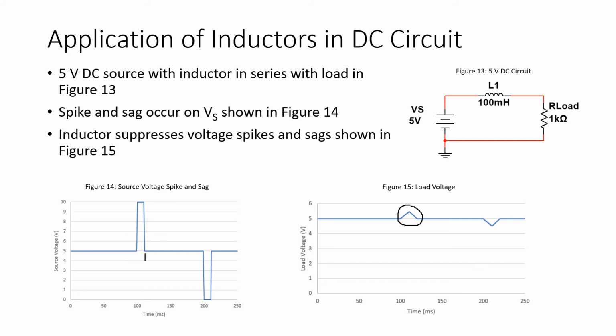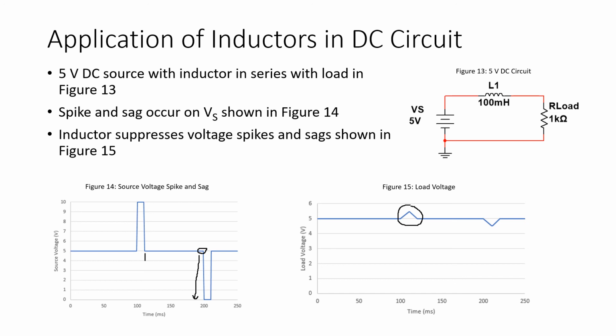Similarly, we can have a voltage sag, which could be simply a temporary drop in the source voltage coming in on the line. When the source voltage goes from 5 volts down to 0 volts, the current is going to try to decrease rapidly.